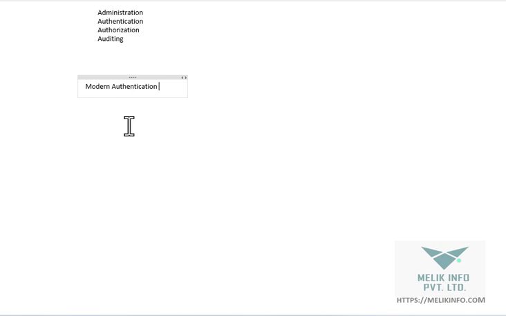What method of authentication and authorization is used between your client and the servers? That comes under modern authentication.